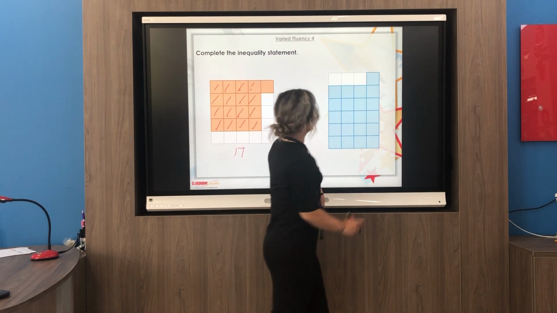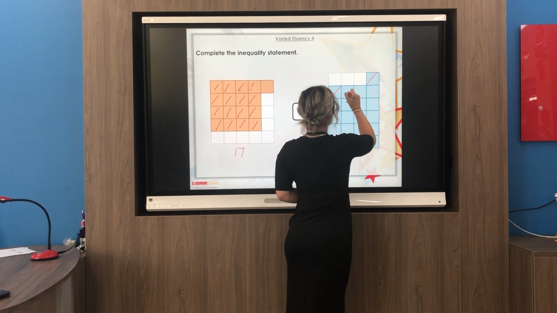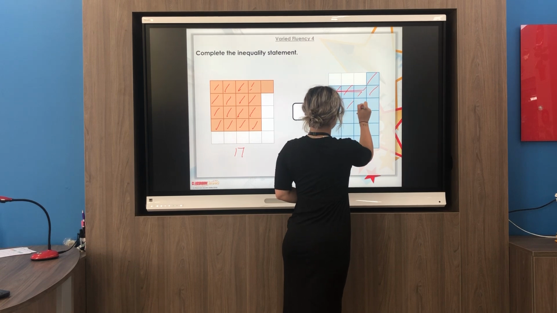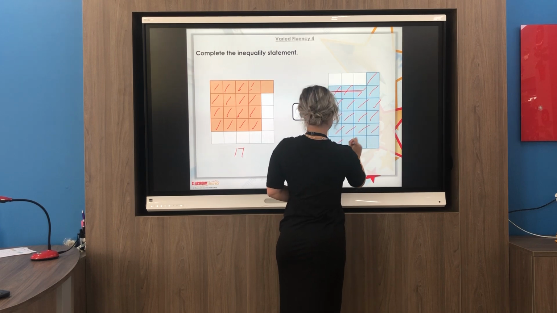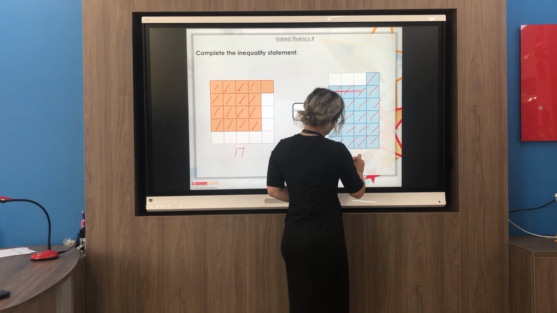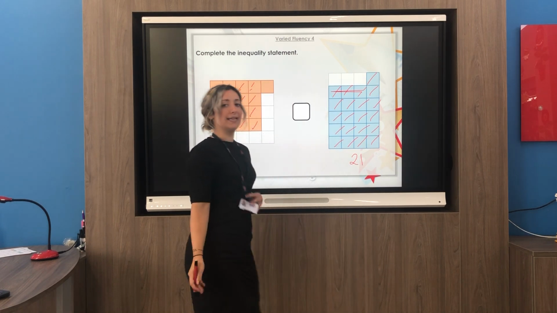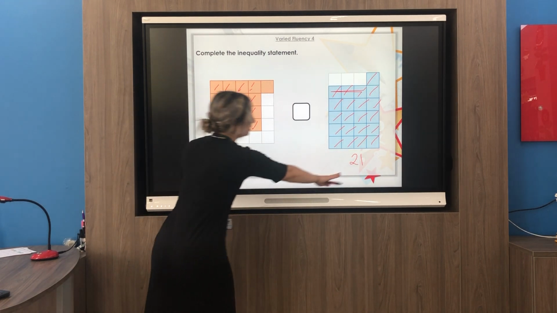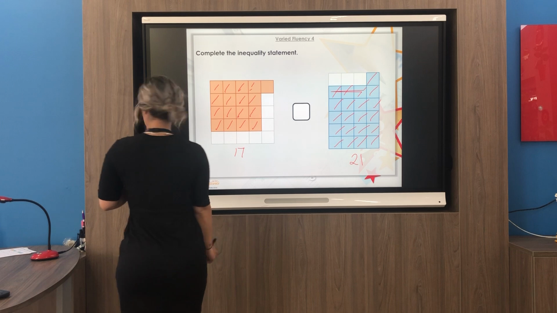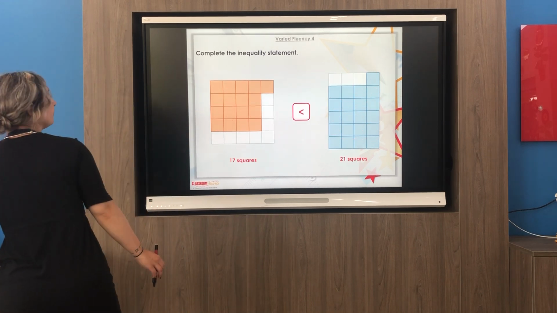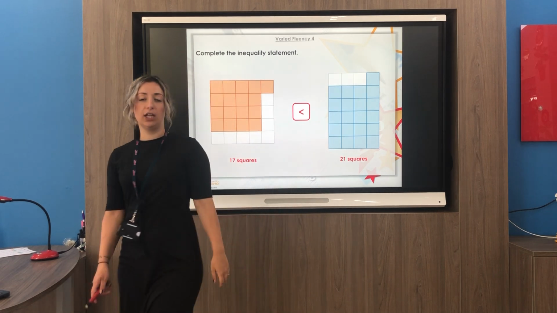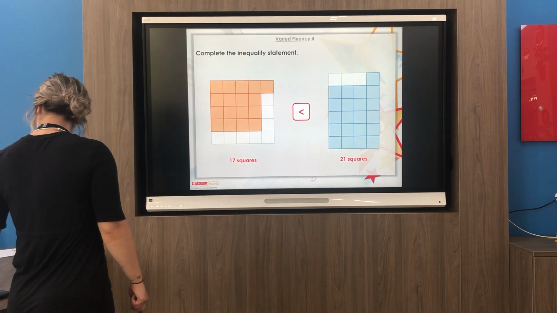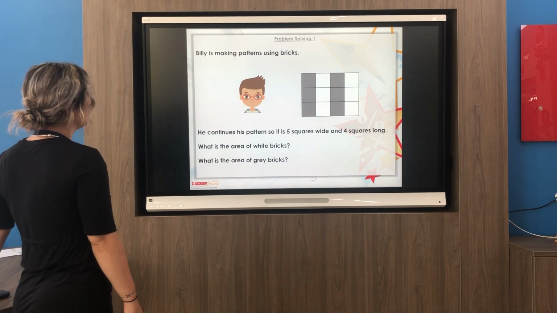And let's go on to the next shape. 1, 2, 3, 4, 5, 6, 7, 8, 9, 10, 11, 12, 13, 14, 15, 16, 17, 18, 19, 20, 21. If Charlie Croc eats the larger number, they are not equal. The larger number is 21. So you should have Charlie Croc facing this way on the larger shape, the shape that has the larger area.